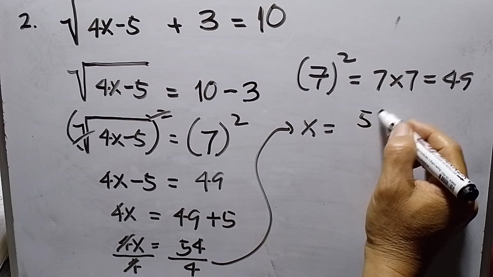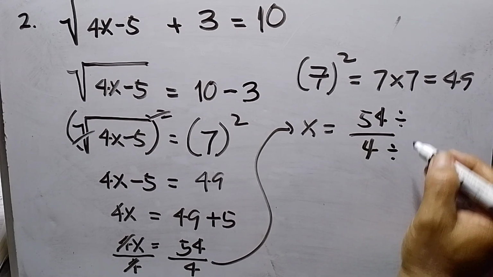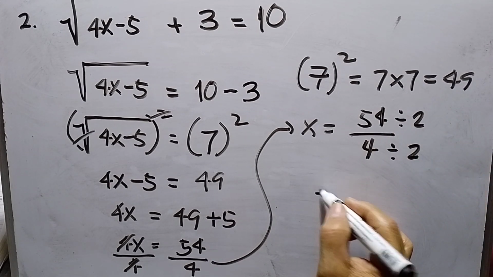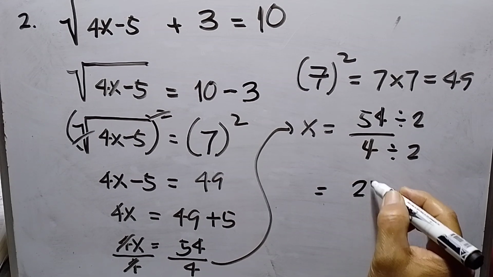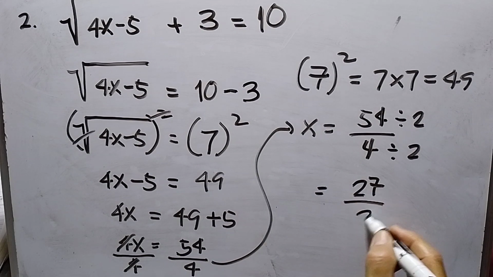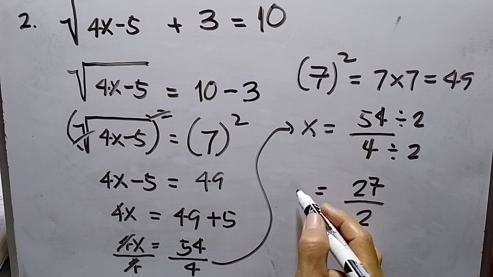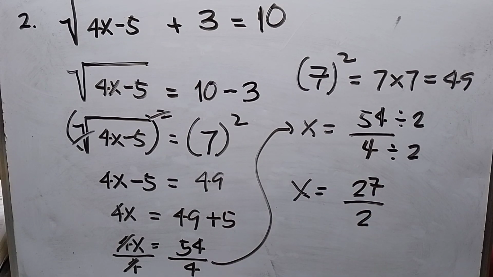But we can reduce this by dividing the numerator and denominator by 2. So 54 divided by 2 is 27, and 4 divided by 2 is 2. So the value of x for number 2 is 27 over 2.